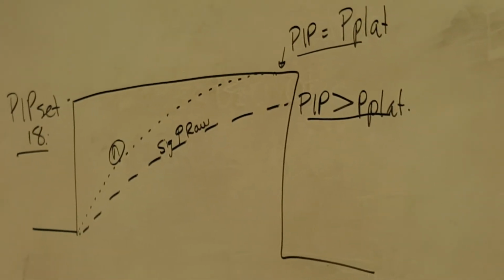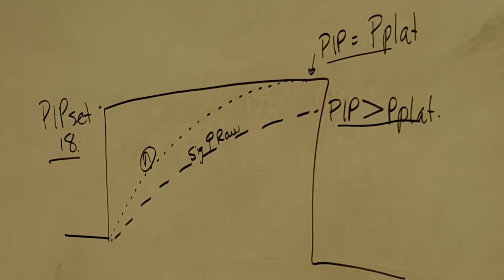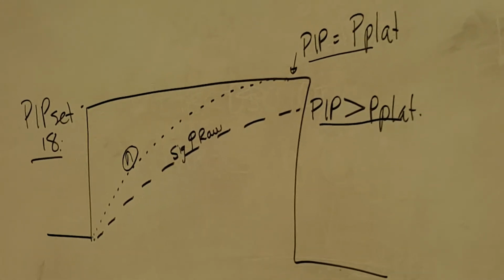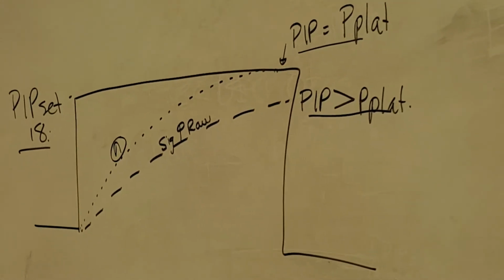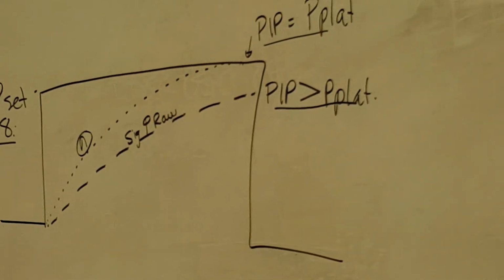But if we have a significant rise in Raw, which going from 5 to 20 is, Raw is 4 times higher, then at the end of inspiration, PIP did not equal Plat, and the result was a decrease in volume.